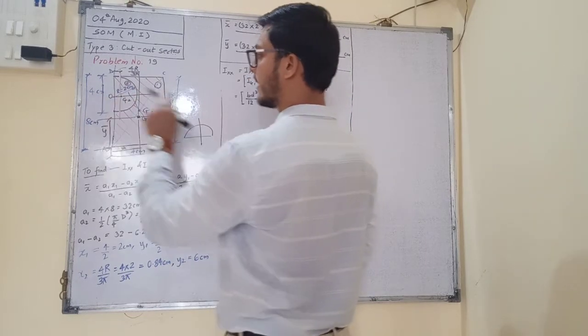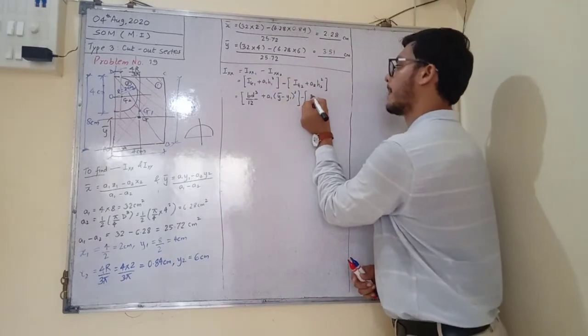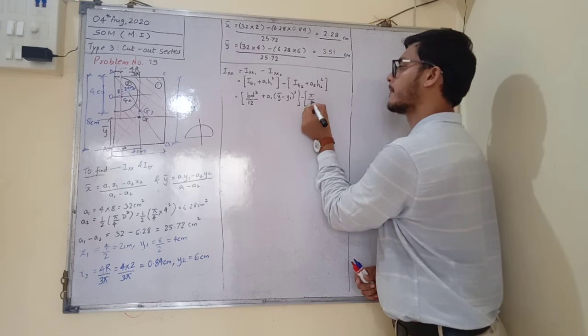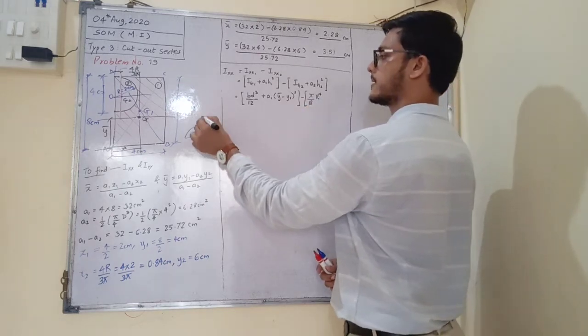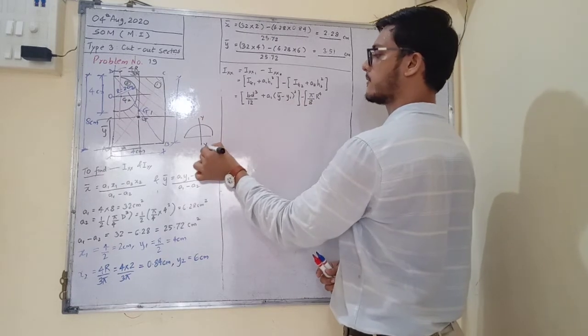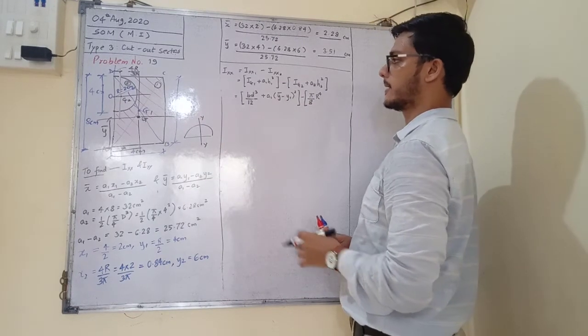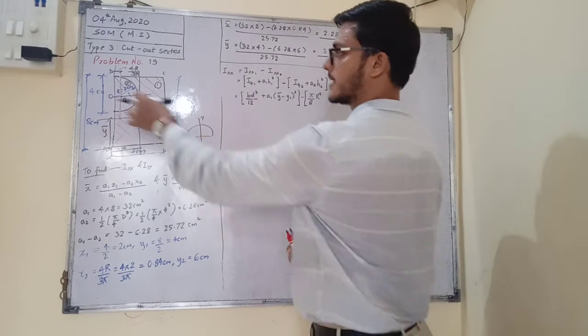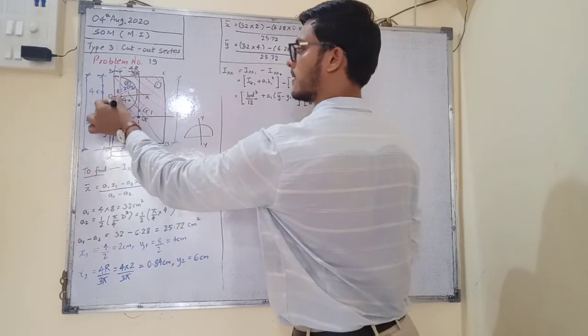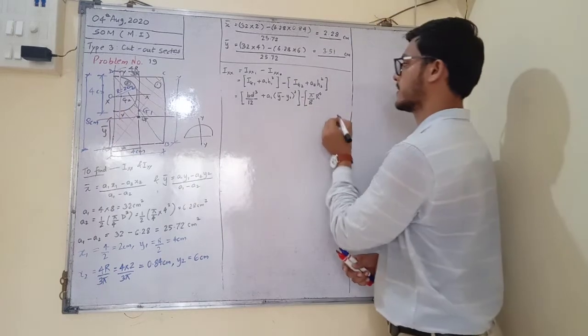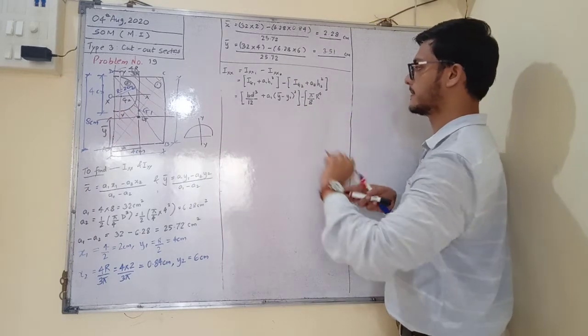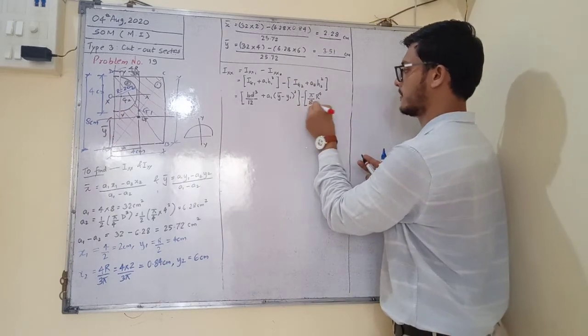So this Ix will be pi by 8 r raised to 4, which in normal condition is the formula for Iy. But since it is rotated, now this has become the x-axis, and this will become the y-axis. Okay, so this is a new thing over here. I highlight this. Have to be careful here.